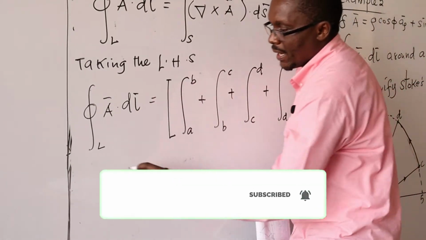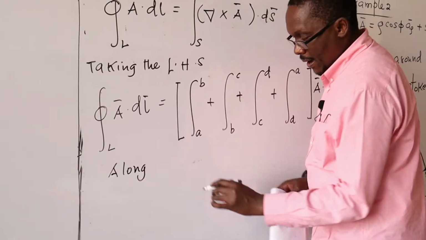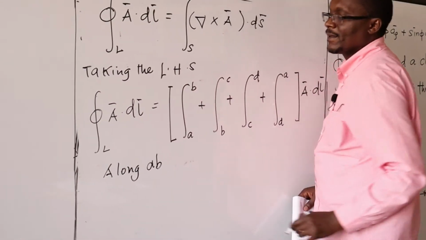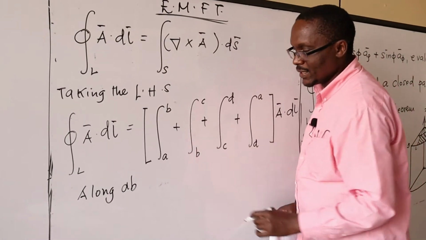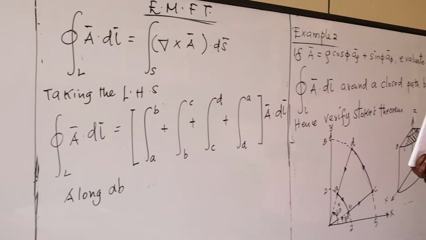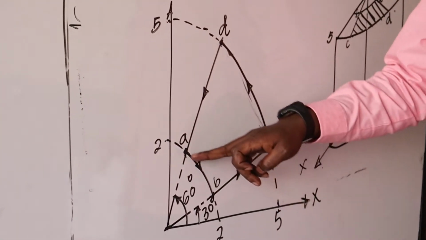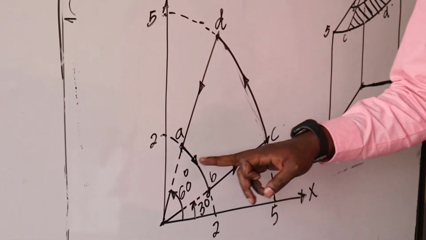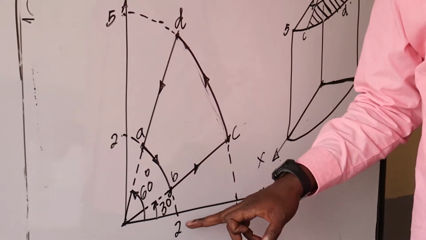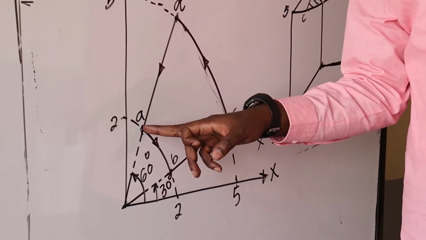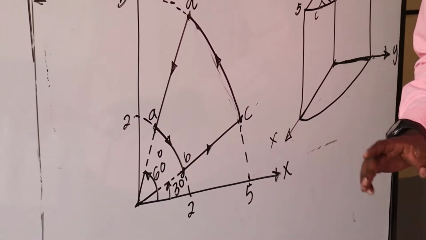So along AB, because I'm doing individual integration, we need to look for the constant term. Come back here to your drawing. Along this path AB, from A to B, the constant term is the radius, and the radius of the cylinder at this point is 2. At point A, the radius is still 2, and at point B, the radius is also 2.